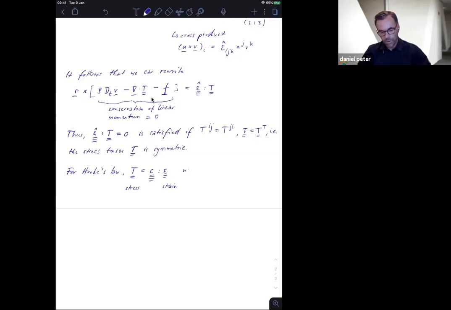And so for Hooke's law, we see that with a symmetric strain, there is a condition then on the elastic tensor C, on the symmetries of C. And due to the conservation of angular momentum, we see that the stress tensor as well is symmetric.